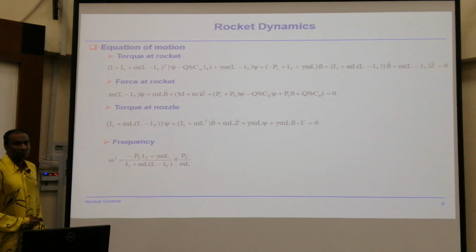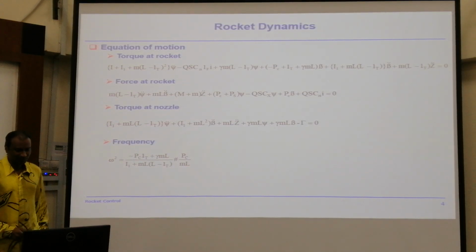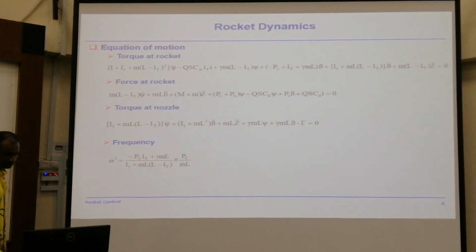This is basically the nozzle's mass, and this is basically the distance between the nozzle and the articulation. If you look at L, this is what you have. There you go. Yeah. Articulation. So if you look at all this, it looks like that is the frequency of this particular system, this dynamic system.